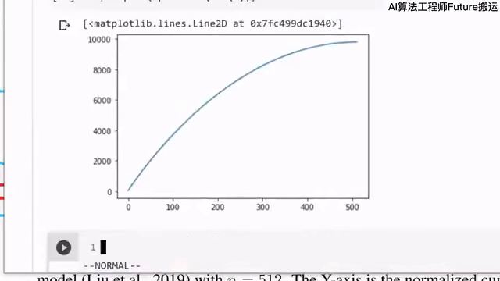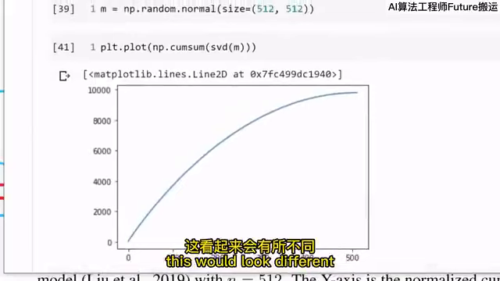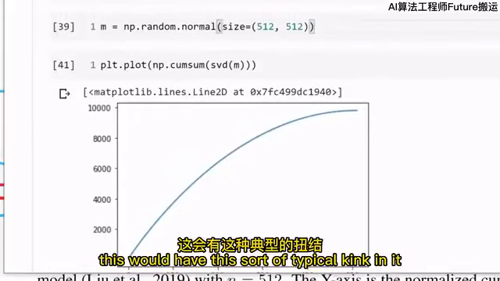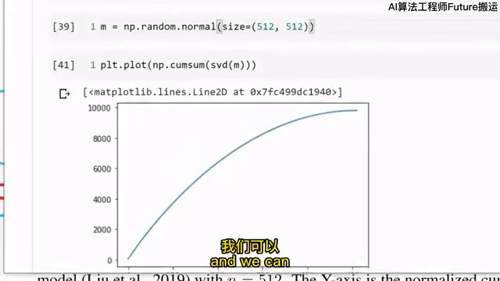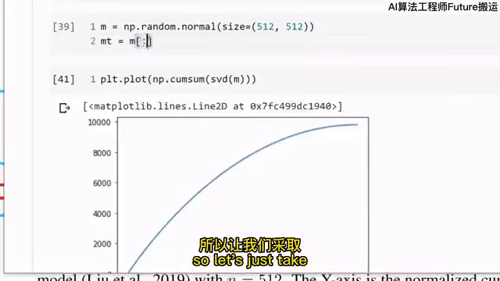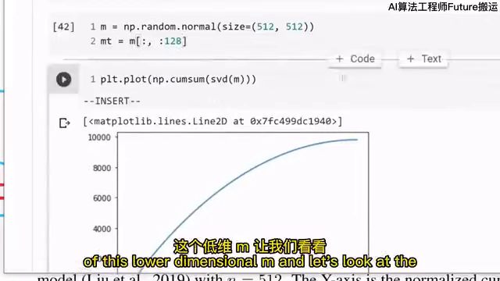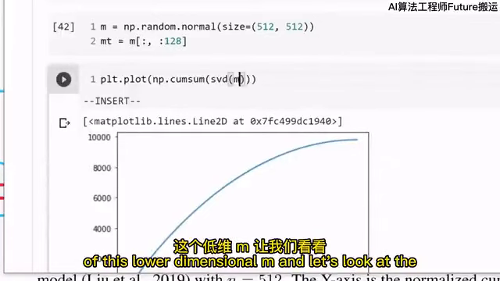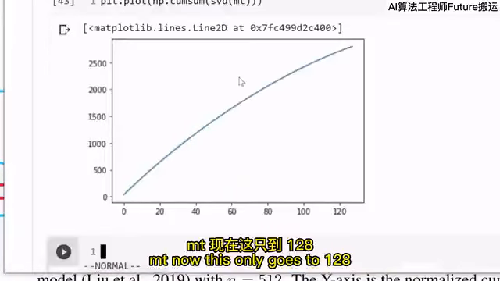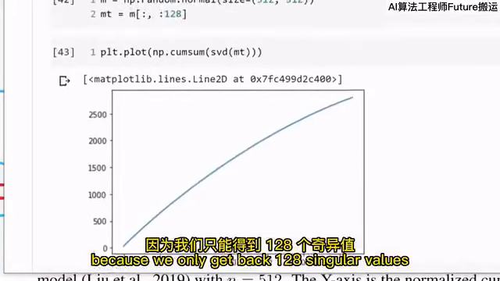Okay. Now, if we actually have a low rank matrix, this would look different. This would have this typical kink in it. And we can demonstrate that by making a lower dimensional matrix. So let's just go 512 by 128 of this lower dimensional M, and let's look at the M transpose. Now this only goes to 128 because we only get back 128 singular values.